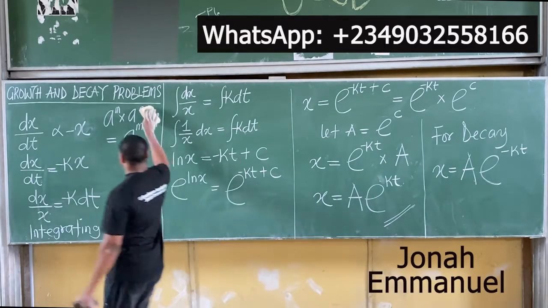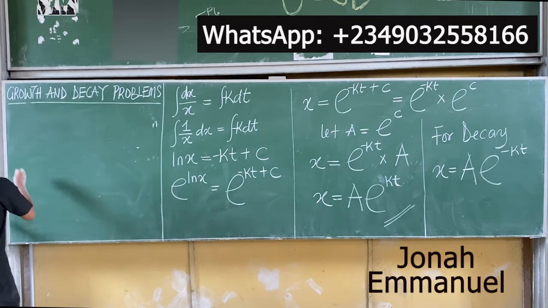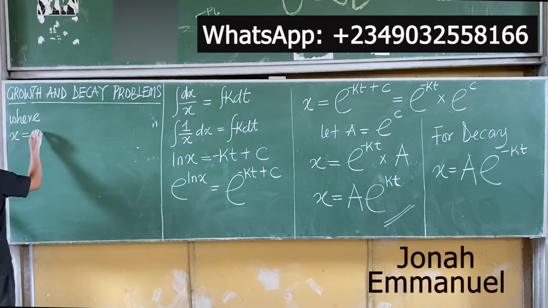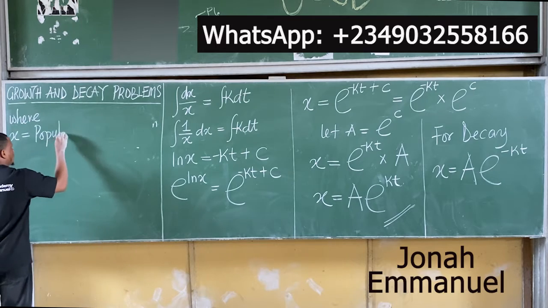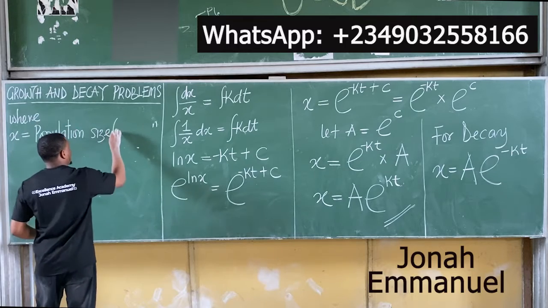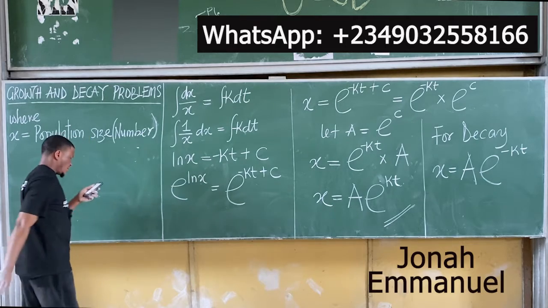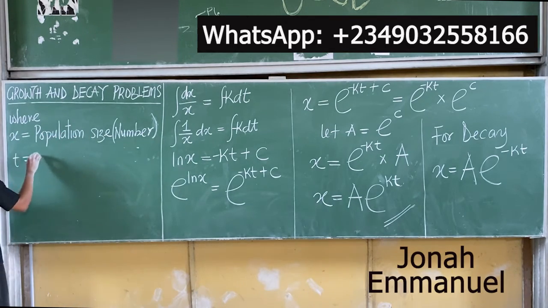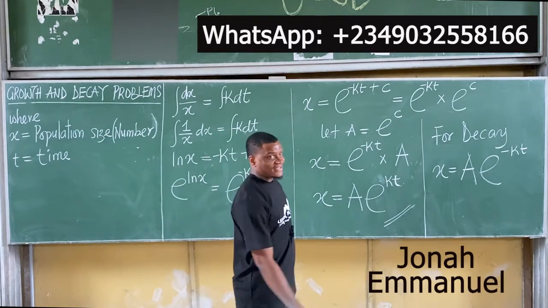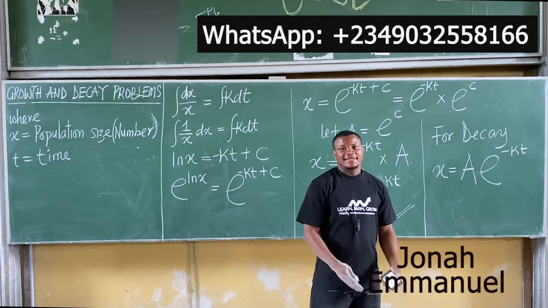Before we take examples, some few things to note. Let's define terms. Where x is equal to population size, just to be clear, by population size we mean population number. And t is time. This is not physics where you say time should be in seconds. In some cases, this time could be in seconds, could be in minutes, could be in hours, could be in years, could be in decades, as the question suggests.